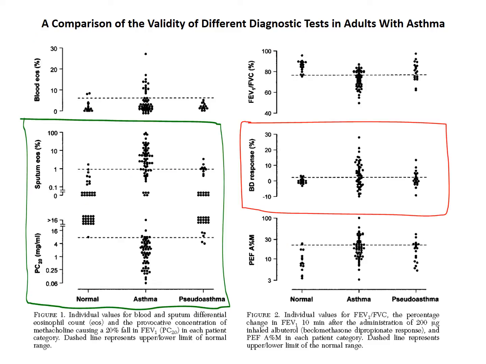And the results of those tests, we're just going to concentrate really on the ones here in the green and red box. And it's a really interesting paper to read. You can see, if we look at the methacholine challenge first of all, just highlight this. As you'd expect, the normal population had basically, this is a positive response if it's on this side of the line, and negative on this side of the line.